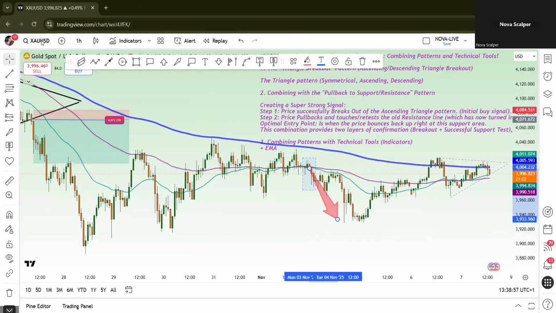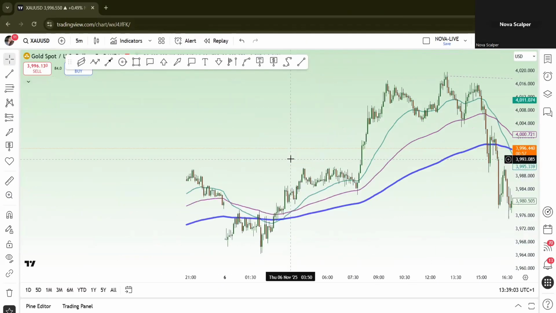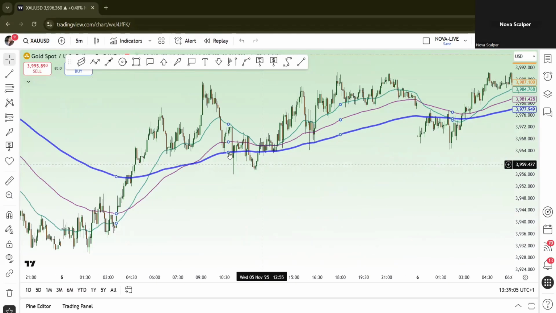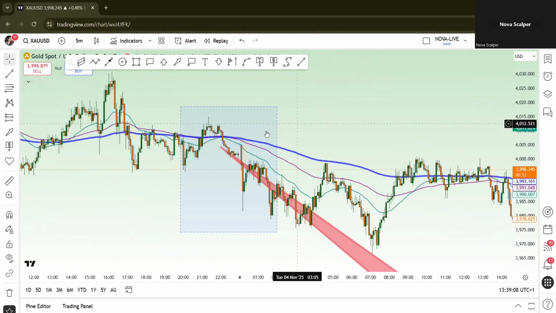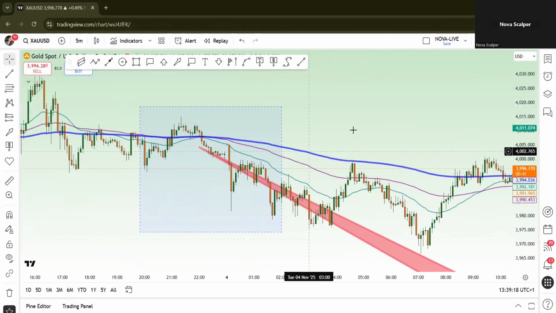Okay, so this one. Go back to 5 minutes. This is the crossover of the three EMA ribbons.